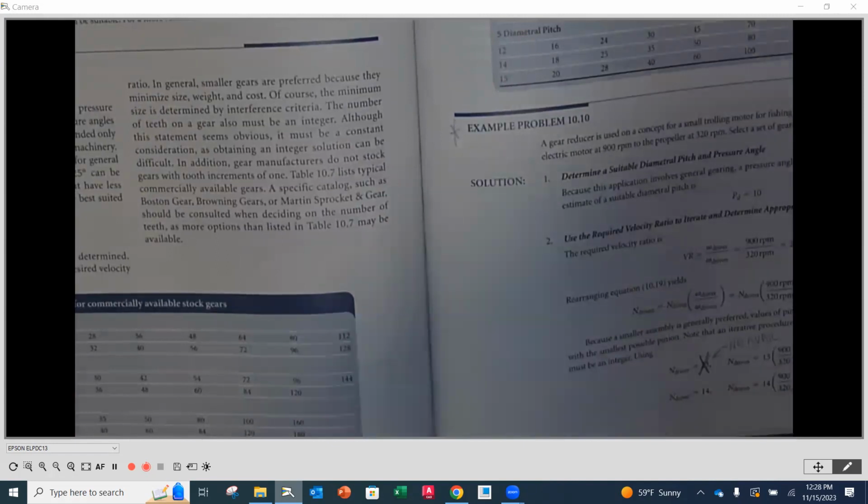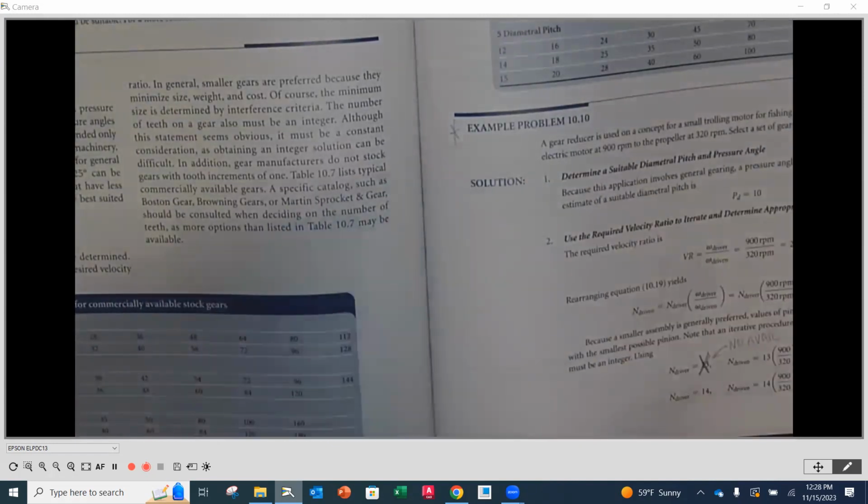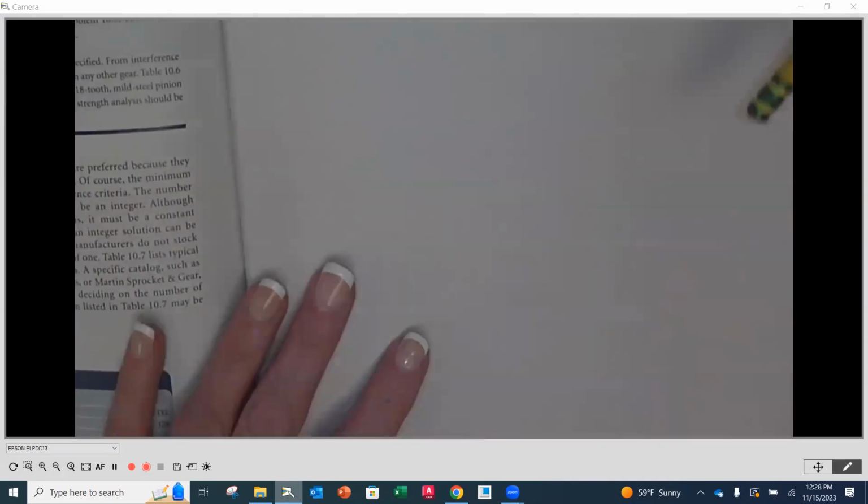Then what we're going to do is we have a velocity ratio here based on what we have coming in, the input speed, 900 RPMs, and then we also have our desired output speed. So instead of just looking at their numbers here, let's kind of write this out.